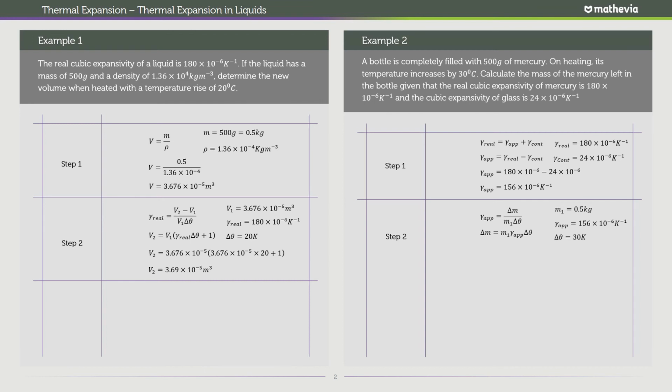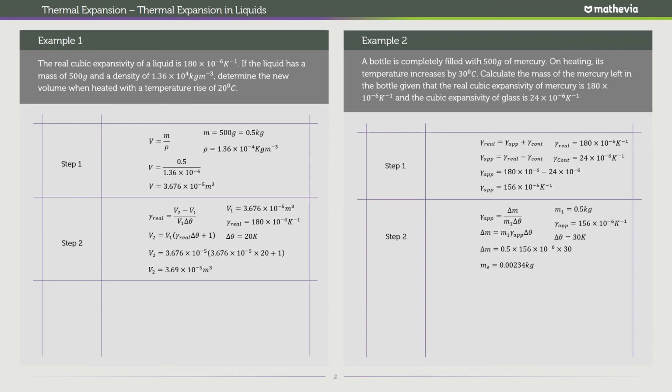Now, when we heat the mercury, a bottle that's completely filled with mercury, it will expand, and there would be little room for the mercury, and some of it would actually have to go out of the bottle. That's exactly what we're looking to find now, the change in mass following the apparent expansivity. We have that change in mass as 0.5 times 156 times 10 to the power of minus 6 times 30.